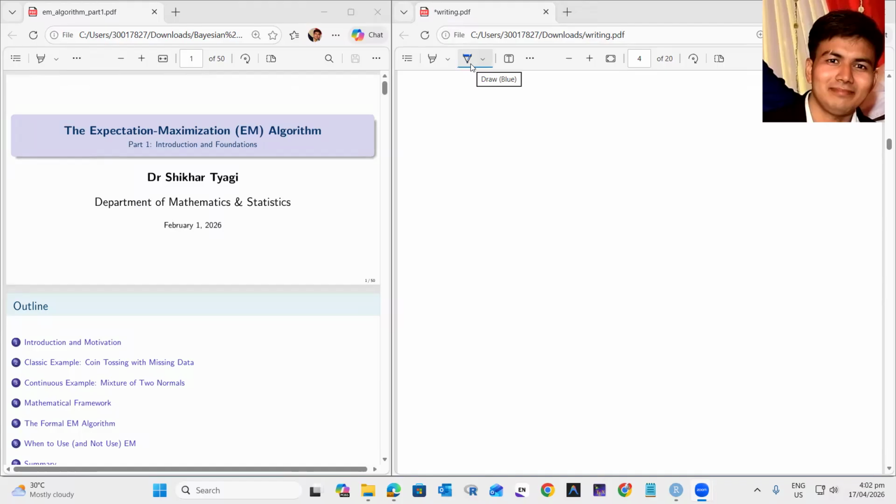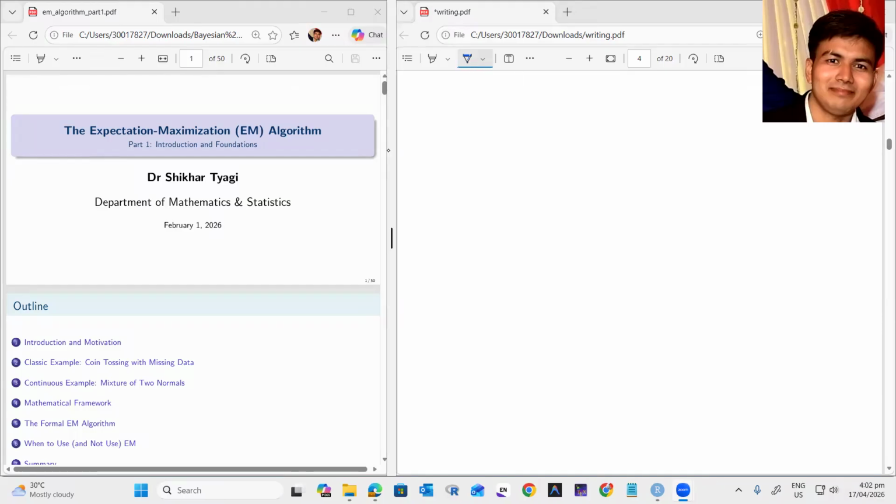So in the previous lecture, we discussed the EM algorithm for the exponential distribution under interval censoring, where we developed the E step formula and M step formula.